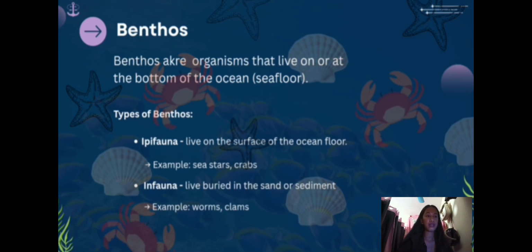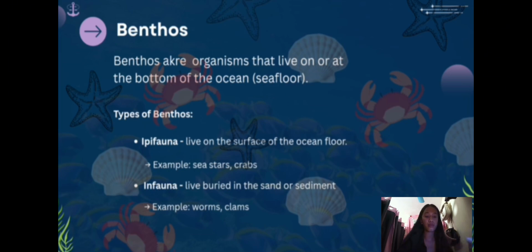Benthos live at the bottom of the ocean, such as crabs, sea stars, and worms. There are two types of benthos, the epifauna and the infauna. The epifauna live on the surface of the ocean floor. Examples are sea stars and crabs. And the infauna live buried in the sand or sediment.